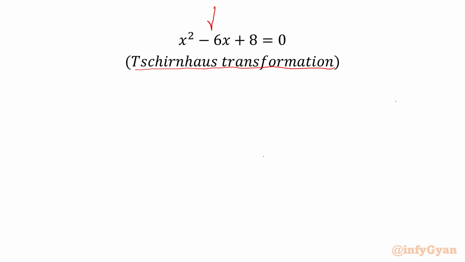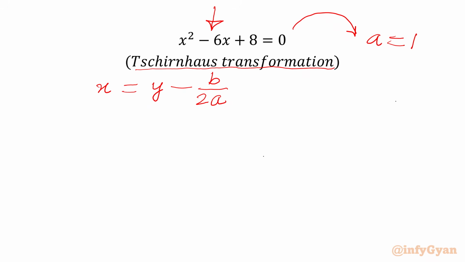So we are going to find depressed quadratic equation by Tschirnhaus substitution formula. And what is that formula? x equal to y minus b over 2a. As per our equation, a, the coefficient of x square, is 1, b, the coefficient of x, is minus 6.